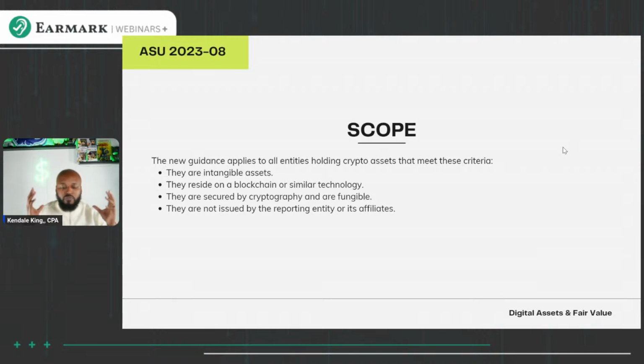Obviously, for very, very obvious reasons, that can be a problem when folks decide that hey, we want to pop up our balance sheet a little bit, so let's issue ourselves some more tokens, or hey, we want to bump up our income a little bit.